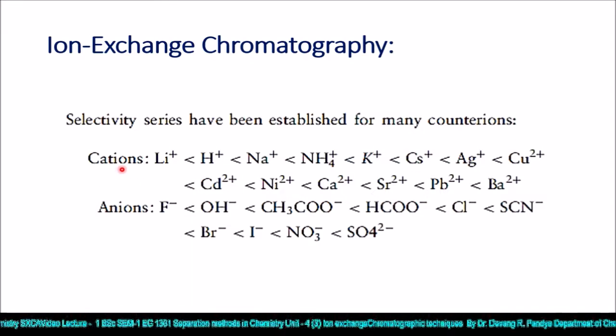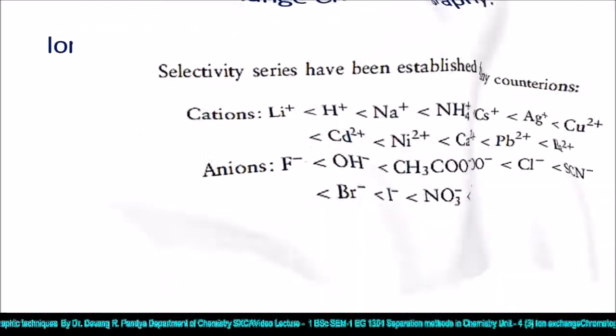As far as cations are concerned, lithium is less than hydronium, less than sodium, less than ammonium, less than potassium. This is the series for the cations. And as far as anions are concerned, fluoride is less than hydroxide, less than acetate, and so on.